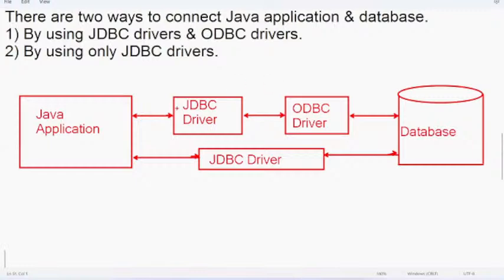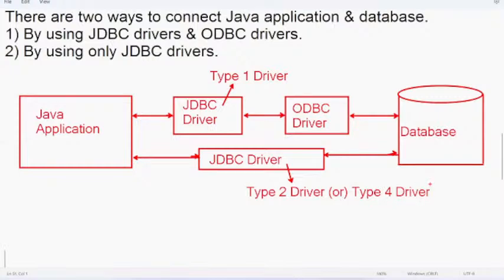Like that they connected. This driver is type 1 driver. But this driver is type 2 driver. Type 2 driver or type 4 driver. Type 3, I'll explain later, because if I add type 3 also, confusion comes.